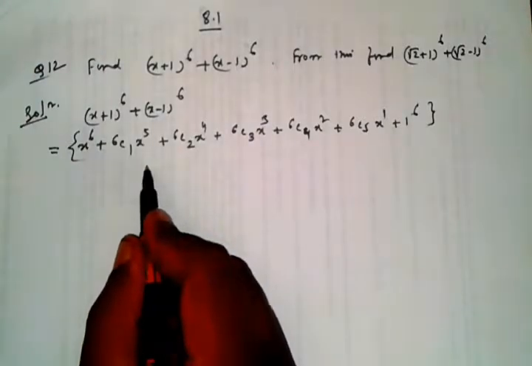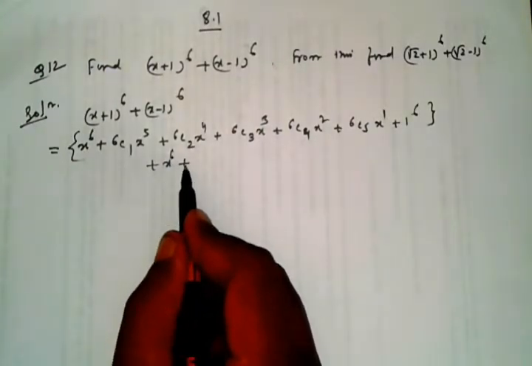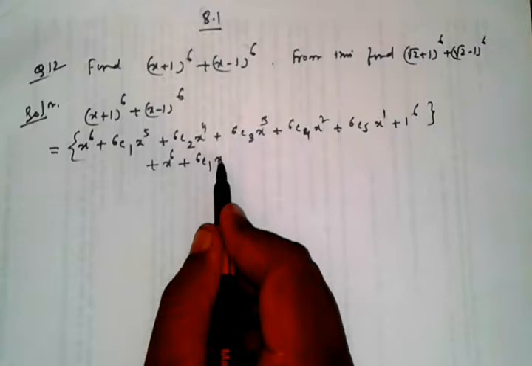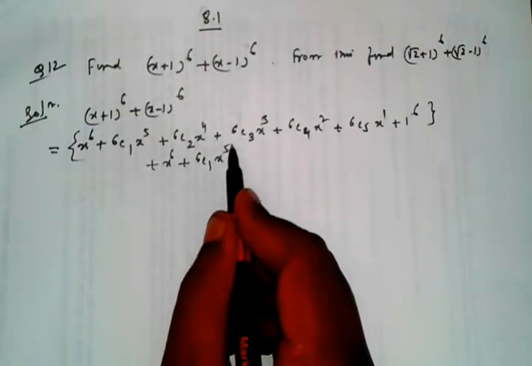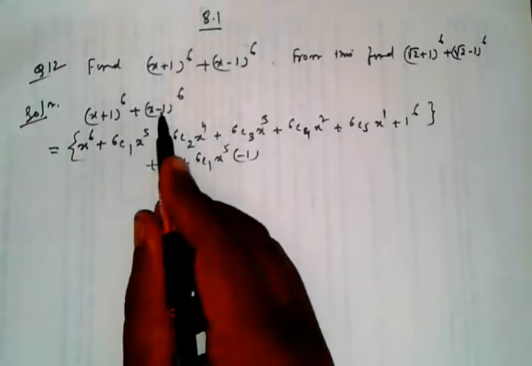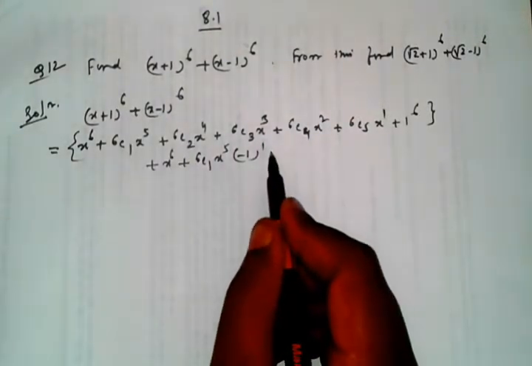So this is x to the power 6 plus 6C1 x to the power 5 into minus 1, that is minus 1 to the power 1.